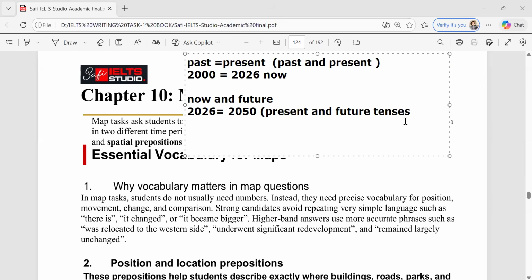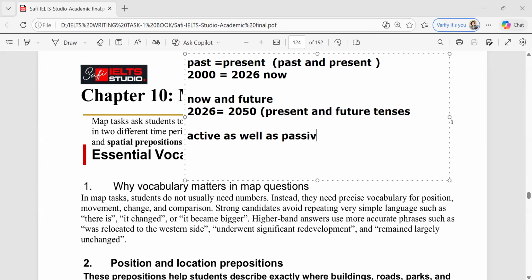At exactly the same time, we will use both active as well as passive. So both, active and passive, can be used.